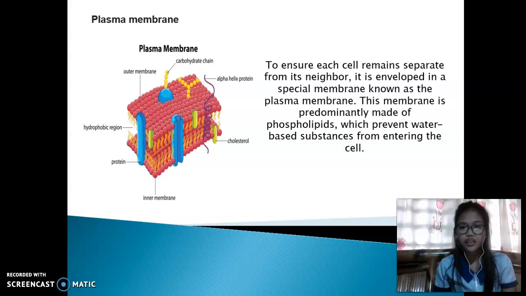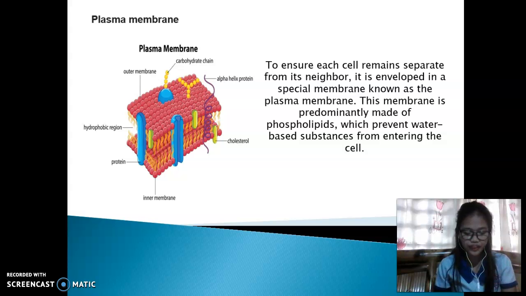This membrane is predominantly made of phospholipids, which prevent water-based substances from entering the cell. The plasma membrane contains a range of receptors which carry out a number of tasks, including gatekeepers. Some receptors allow certain molecules through and stop others.